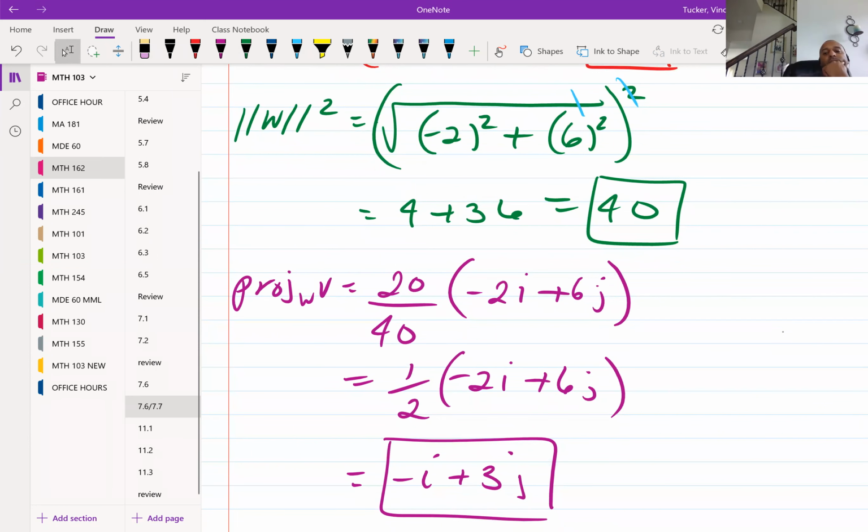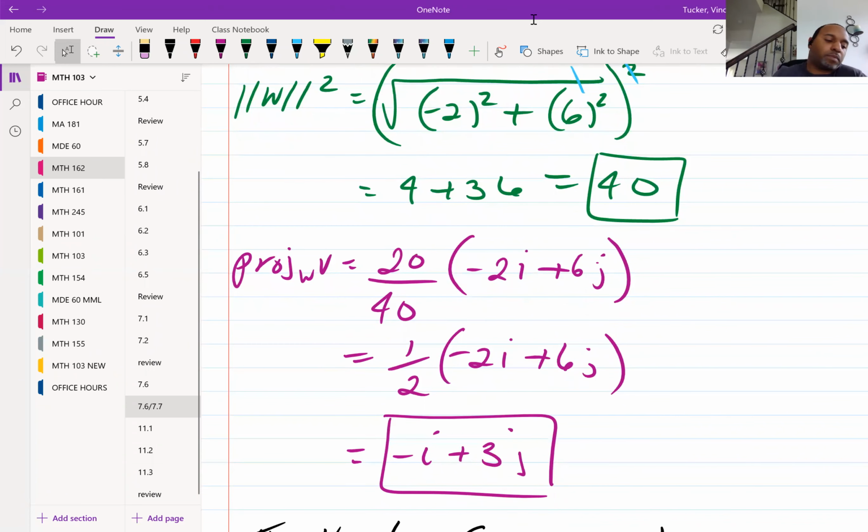Distribute the 1/2, and that gives you negative i plus 3j. All right, questions on the process before we go to the next piece?